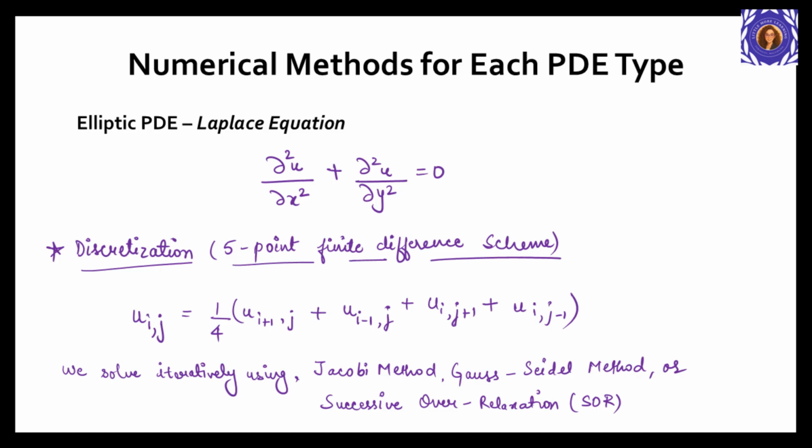These problems often turn into a large system of algebraic equations after discretization. The numerical strategy here is usually to use the finite difference approximation and then solve the resulting linear system using methods like Gauss-Seidel iteration, the Jacobi method, or successive over-relaxation. An important point: boundary conditions dominate the solution here. So precision in how we define and implement boundaries is everything.